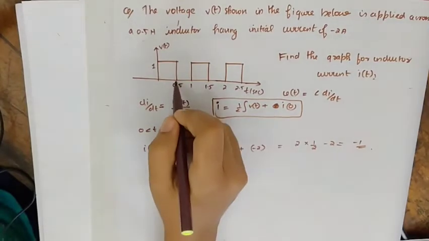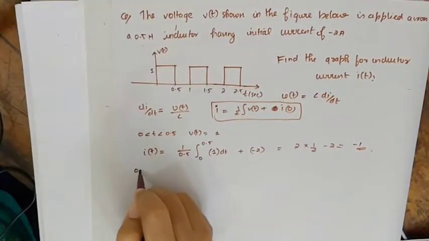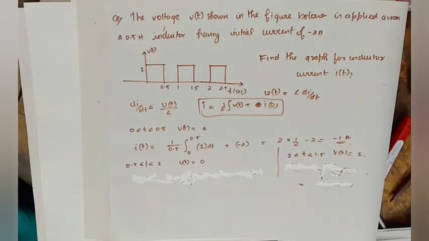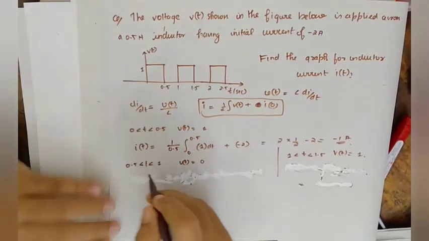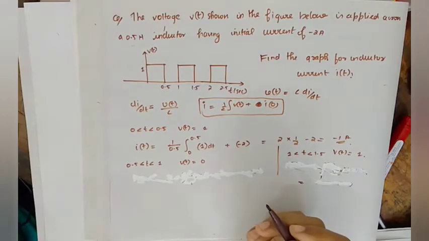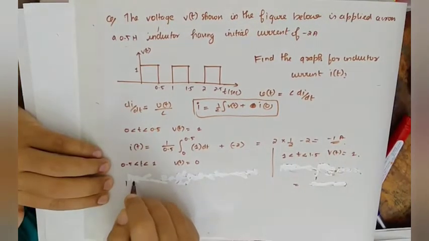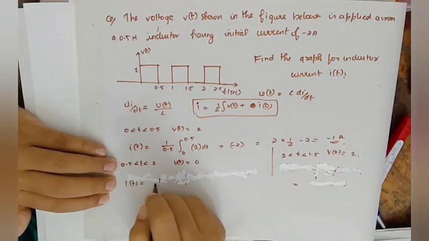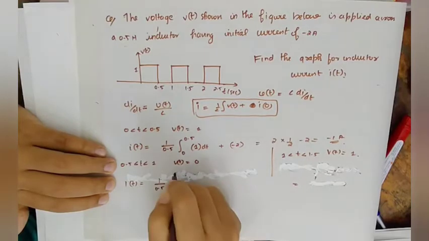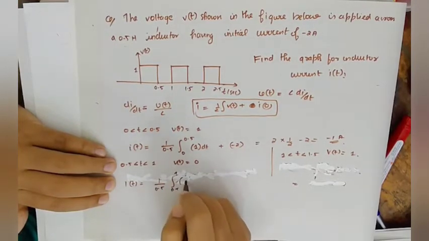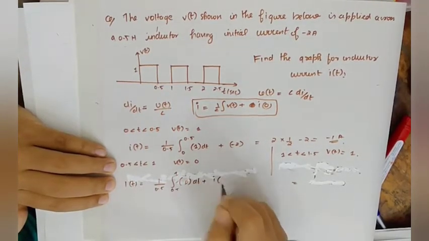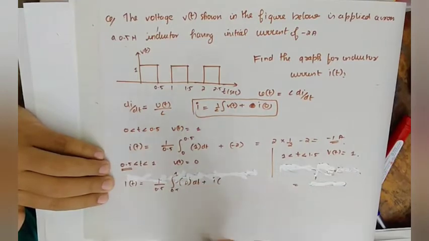And for 0.5 less than t less than 1, V of t is equal to 0, and the equation for I of t is equal to 1 divided by 0.5 integral 0.5 to 1, V of t is 0 here, dt plus not I of 0, because now the initial place is I of 0.5.